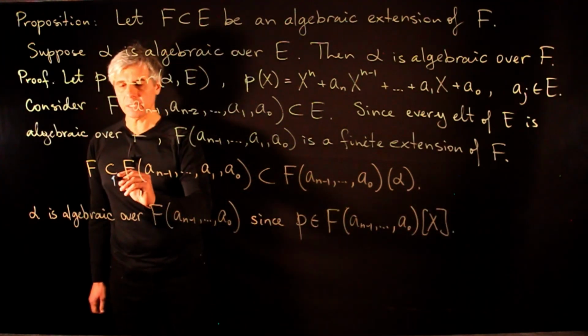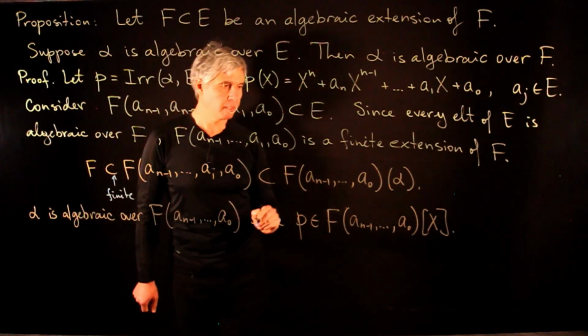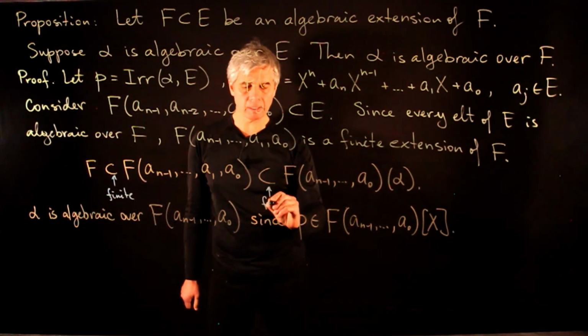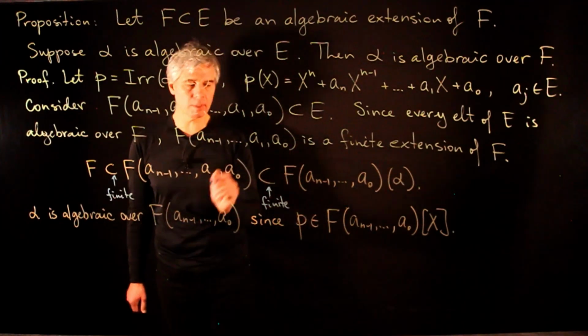And then we get that this extension is finite by the corollary, and this extension is finite because alpha is algebraic over this intermediate field.